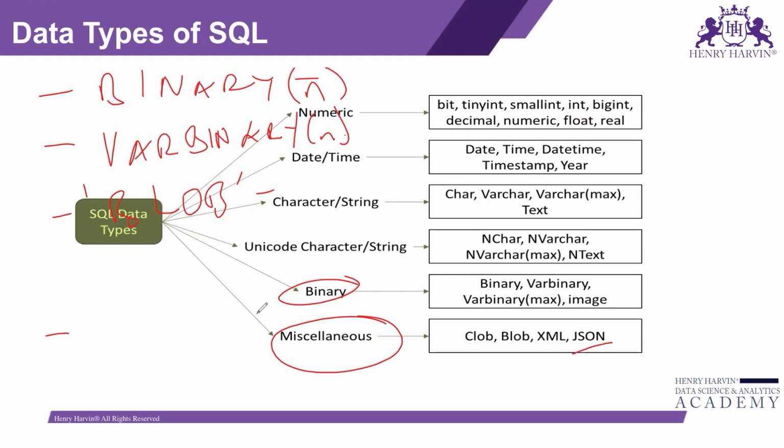JSON is just JavaScript object notation. XML, you know what it stands for, the markup language, and so on. You may not meet these particular ones very often.